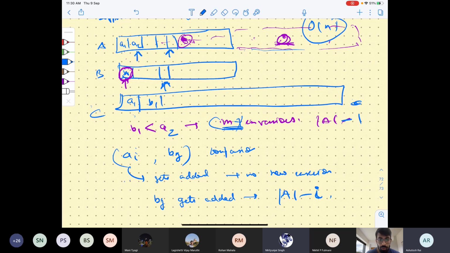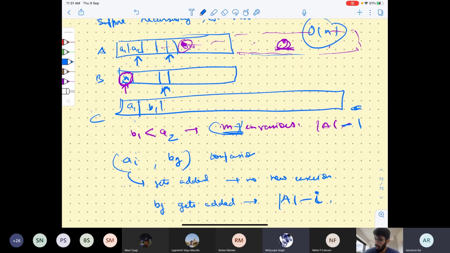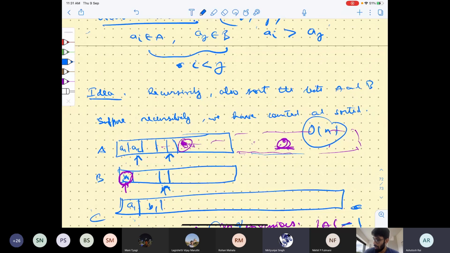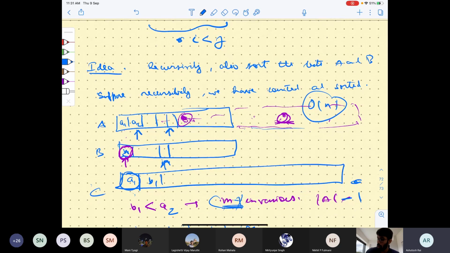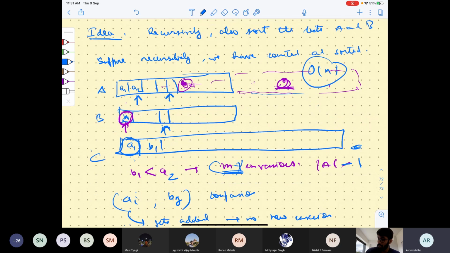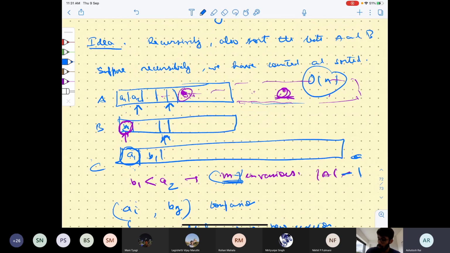Why are there no new inversions when Ai is added? Let's go through that again. When Ai is being added here, what did we want to calculate? Initially the list looked like something, and this is the sorted order, but we want to find in the initial list how many inversions there are which go across.